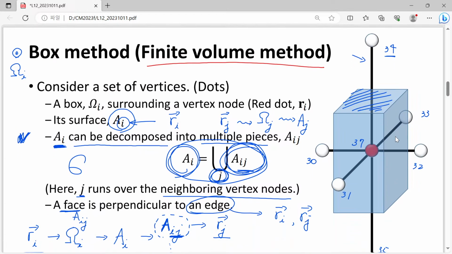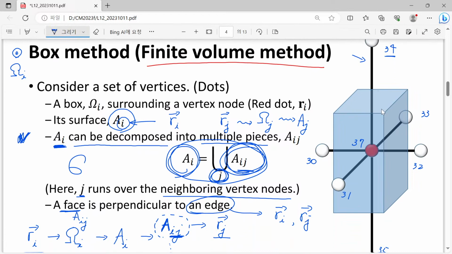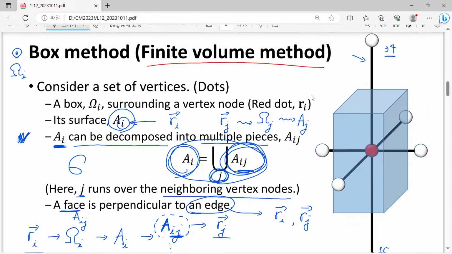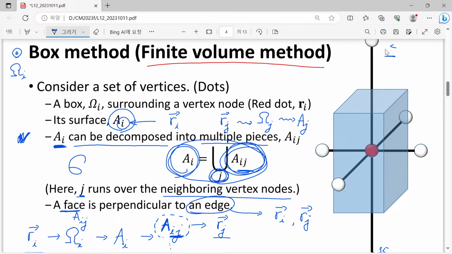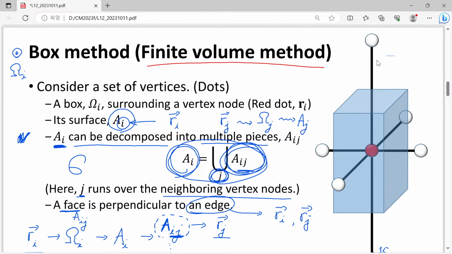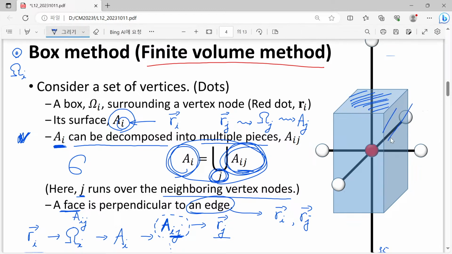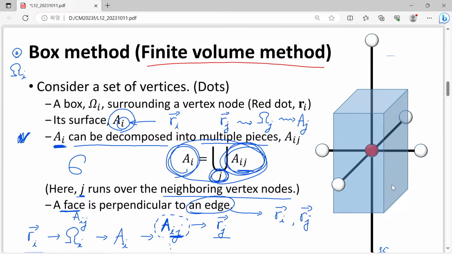When we consider this box, the integral over A sub I means the integral over this entire surface. But A sub ij shows, for example, the integral over this surface or that surface. Anyway, there are 6 copies of this kind of integral.